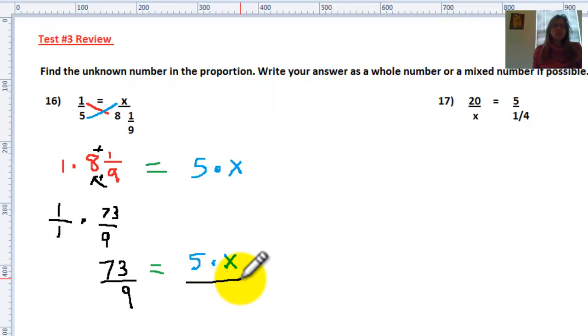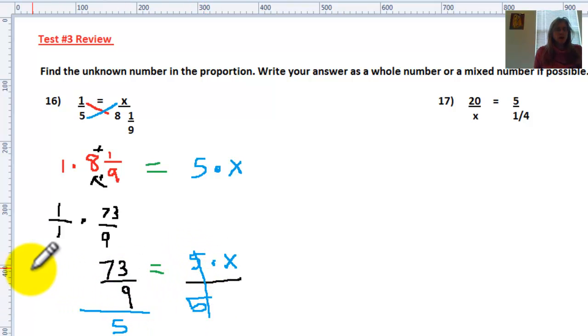So we'll divide by 5 on this side, and we will divide by 5 on the other side. So what we have, 5 over 5 cancels, and as I mentioned in the previous video, any number over itself equals 1.